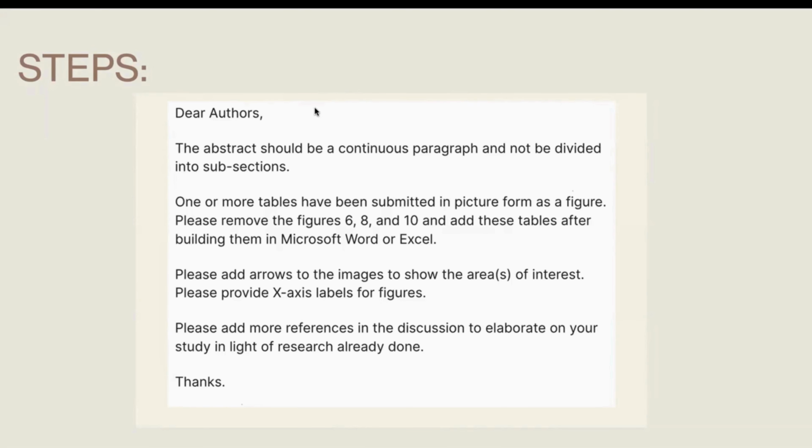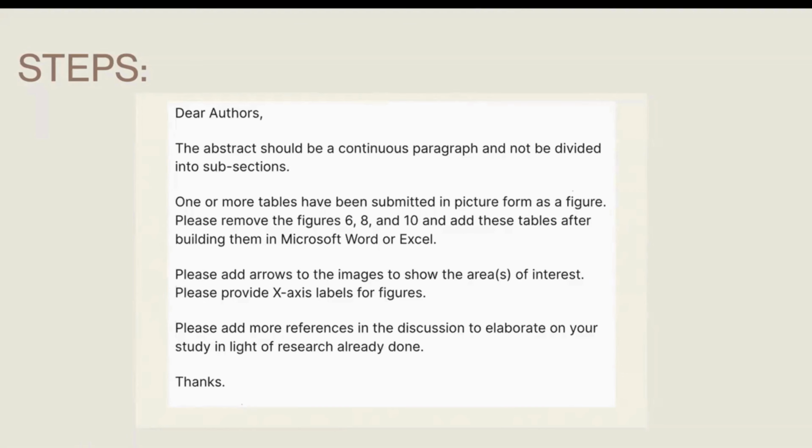Now, the commonest outcome is this one, which is needs review, needs editing, which I got for almost all the case reports I have published. This one is the same case report that we've been talking about, and I received this recently. So, dear authors, the abstract should be a continuous paragraph and not divided into subsections. We already talked about this.